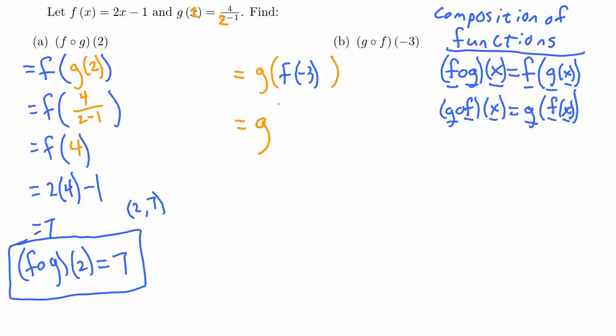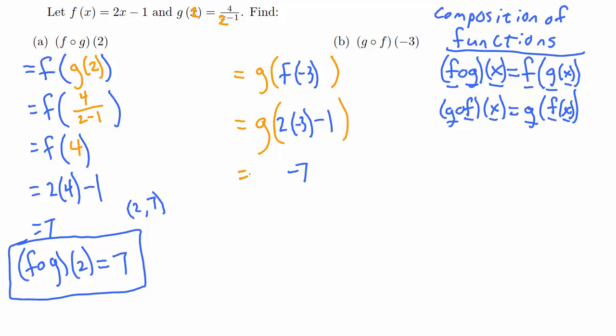Notice that I don't worry about the g of yet. I'm just looking at f of negative 3. So what do you do with f of negative 3? Well, you go back to the f function here and replace the x's with negative 3. So this is going to give me 2 times negative 3 minus 1. And then you simplify. What's 2 times negative 3? Well, it's negative 6. Negative 6 minus 1 is negative 7.